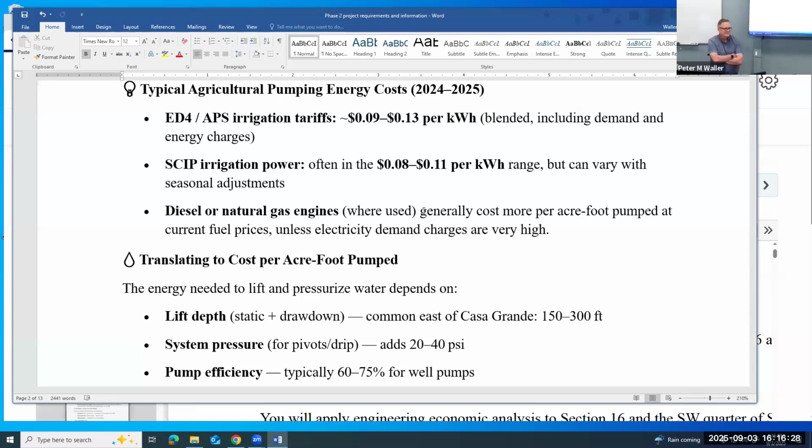It's ridiculous in Arizona, though it'd be very cheap in California. Anyway, I would just go with 12 cents a kilowatt hour for the project.